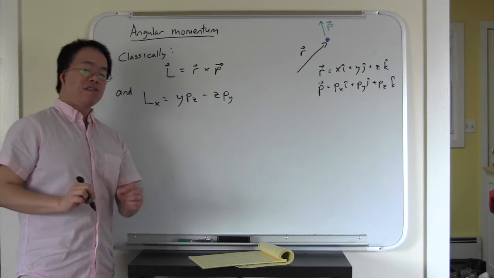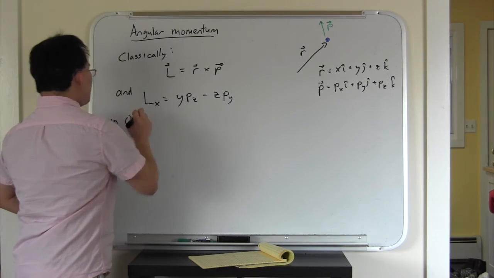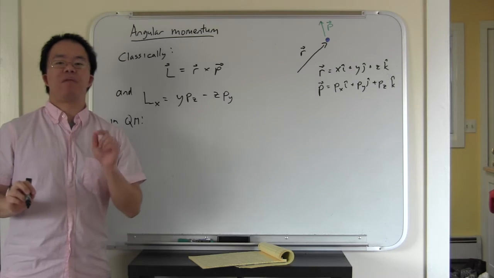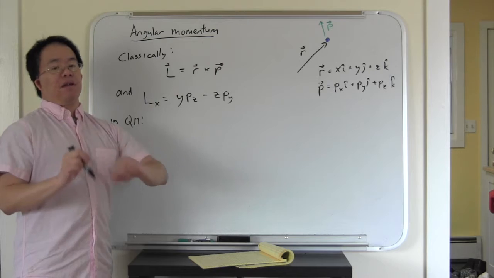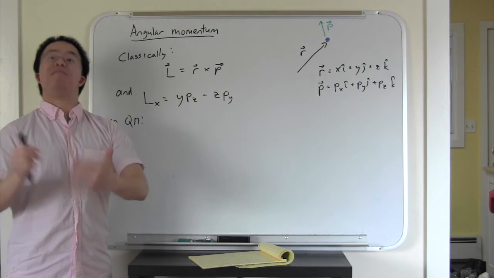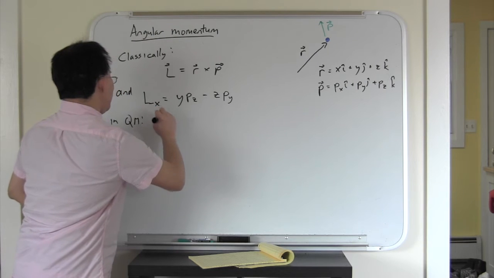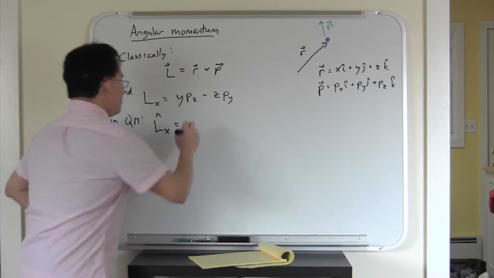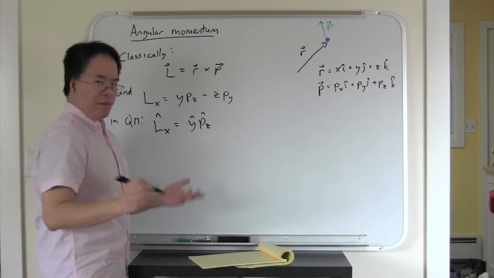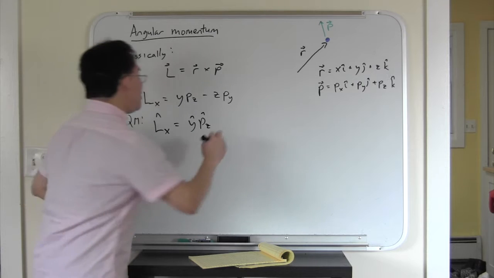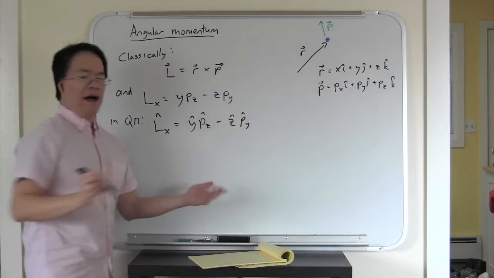Now in quantum mechanics, just like we've done before, we can construct an operator associated with the x component of angular momentum by simply taking the classical variables and making them operators. So we have an L_x operator, which we just take as the product of y operator, p_z operator, and remember the hat denotes operator here, minus z hat p_y hat.